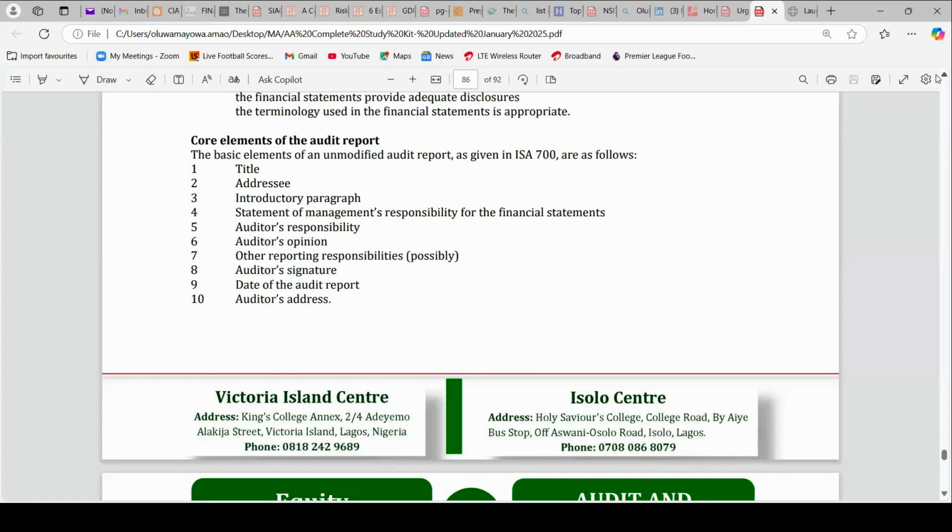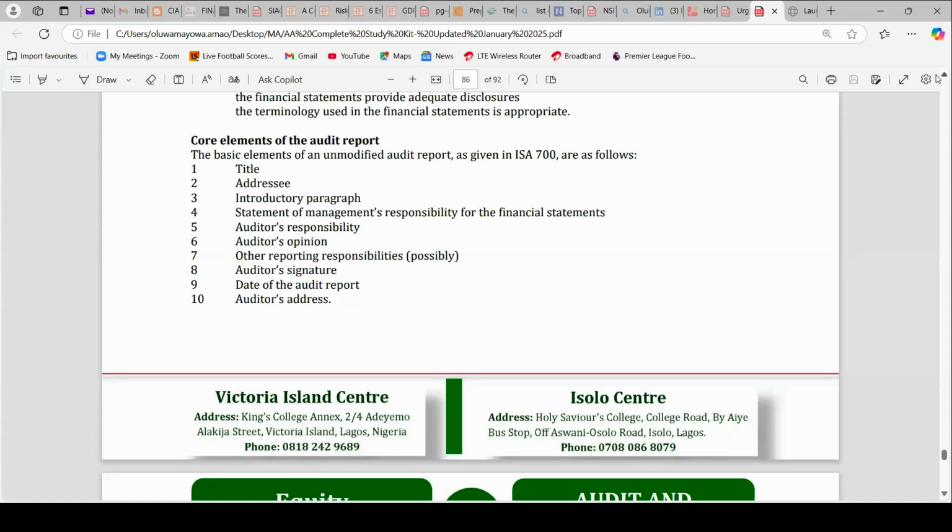So the standard is saying that once a report has key audit matters, then it's no longer the ISA 700 objective, because ISA 700 is an unmodified report. There is no special paragraph. There is no extra paragraph. But once you have a paragraph that is key audit matters, it is 701 that applies.